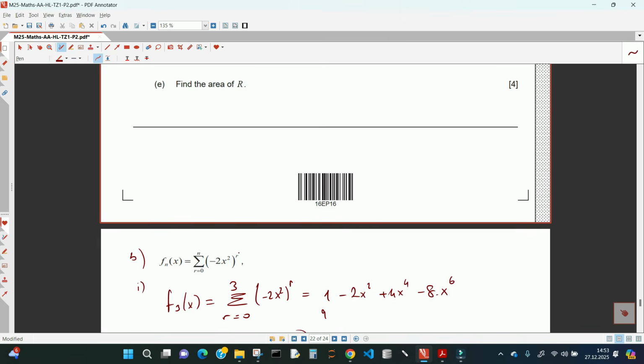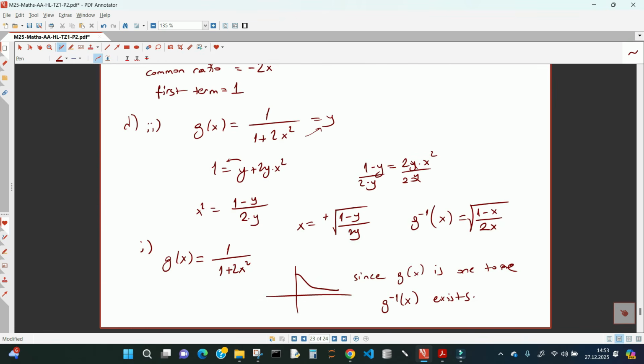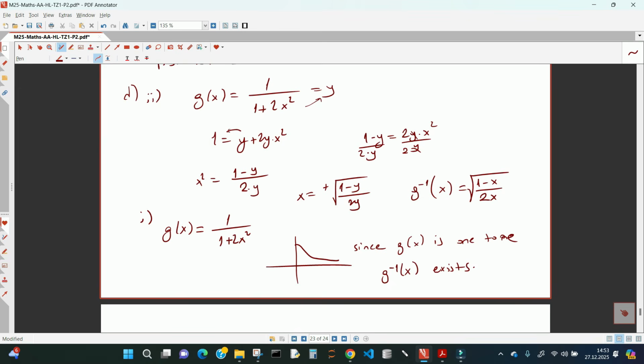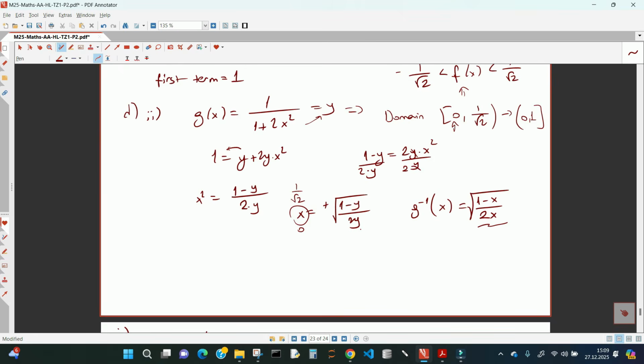And the domain of this inverse function, let's write the domain because we didn't write it. To find the domain of the inverse of g of x, I know that the domain of g of x, which means x, is between 0 and 1 over square root of 2.